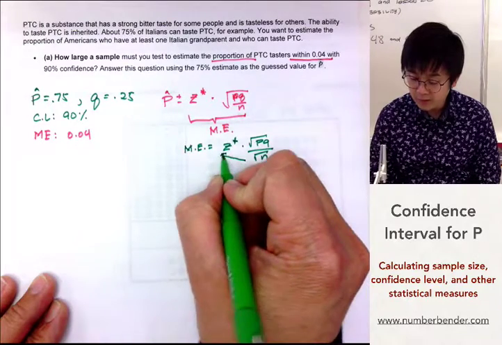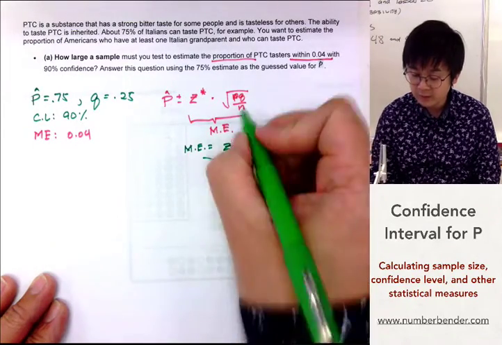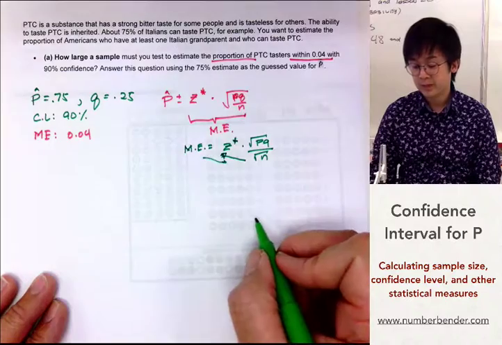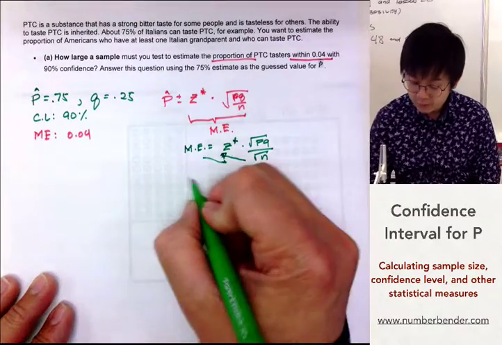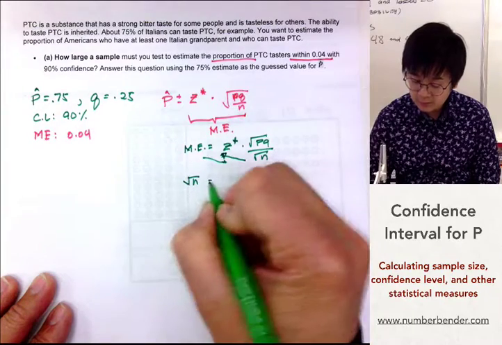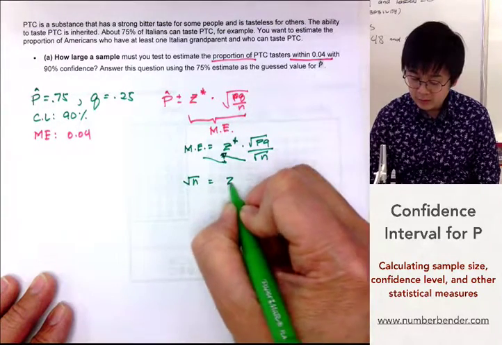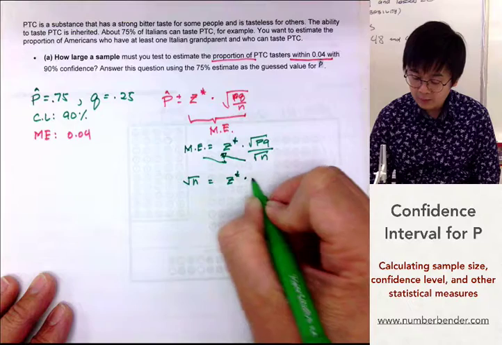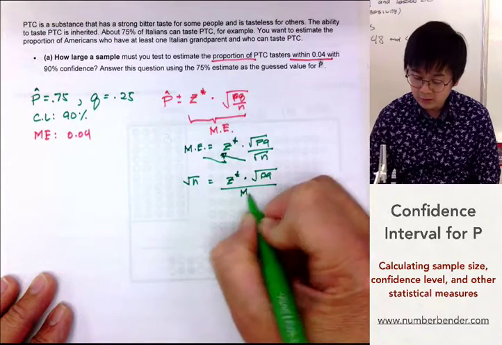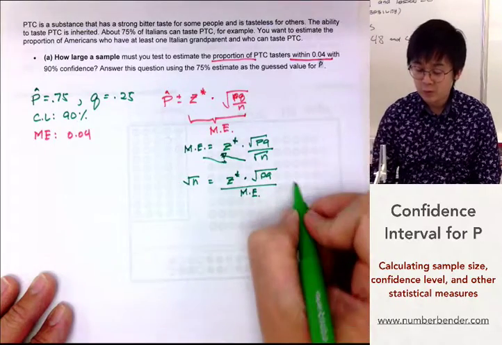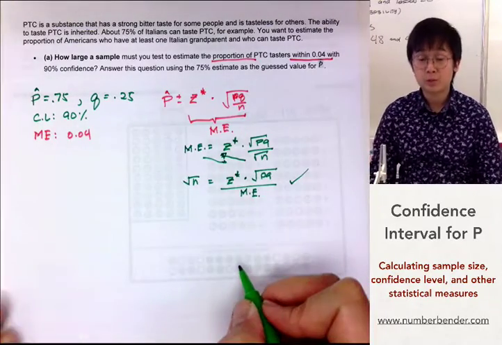I just modified it so that you will see that we can get rid of n later on in this formula using algebra. So this is square root of n equal to z star times square root of pq all over the margin of error. So this is the formula that we're going to be using.